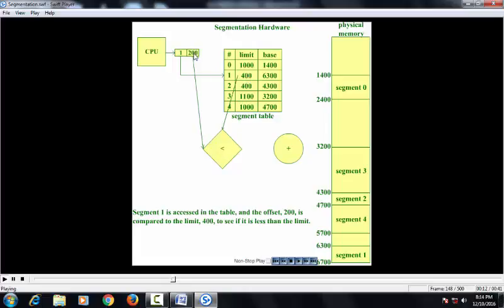Yes, we can translate that address with 200 lines of code, and we have 400 lines of code. 200 must reside between 0 and 400. So we can do these things, right? So segment 1 is accessed in the table and the offset 200 is compared to the limit 400. 200 is less than 400. Yes, it is less than the limit.